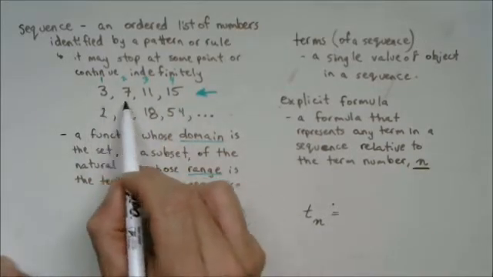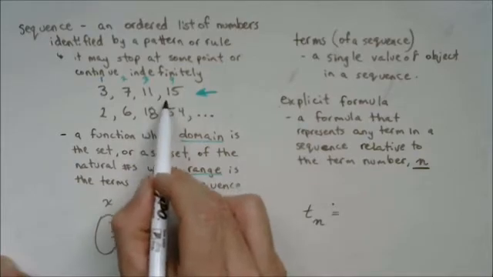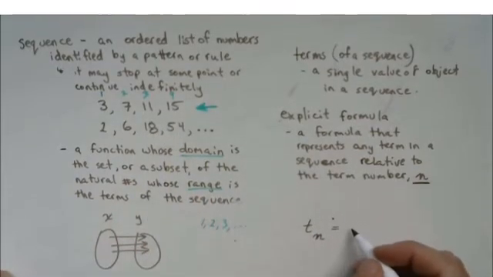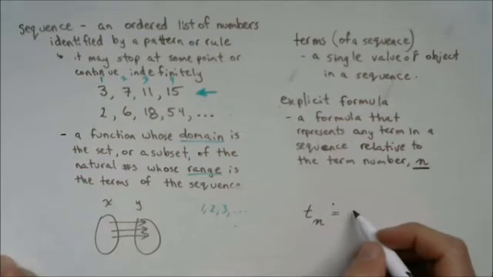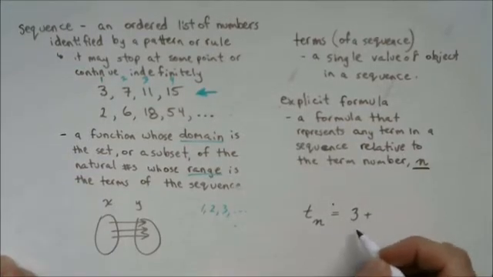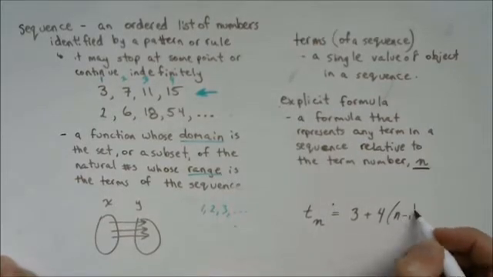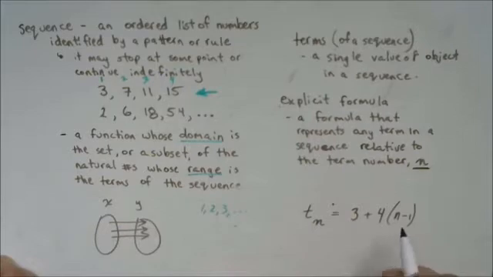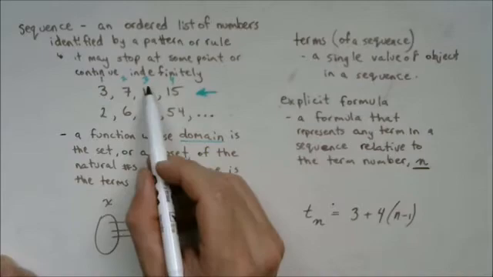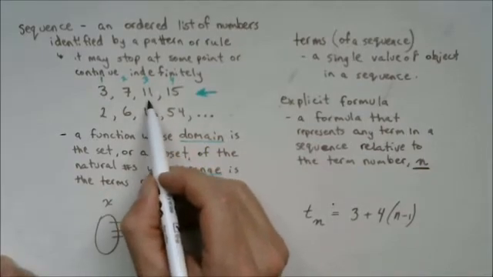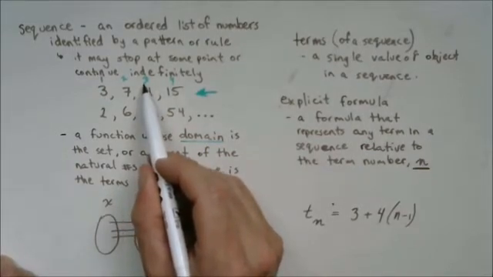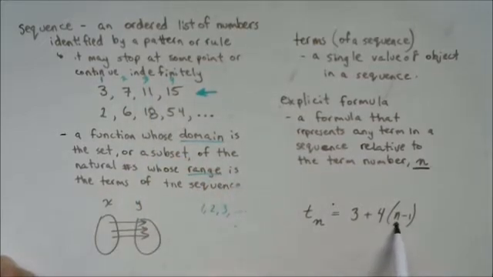So let's just take this guy for a second. Let's say we're in this top sequence here, and in order to find any term, we simply have 3, which is our starting value, plus 4 times n minus 1. What does that mean? Well, n is the term number. So if I wanted to find the third term, which we already know has a value of 11, I would simply put a 3 in here, subtract 1, 3 minus 1 is 2, times 4, that's 8, plus 3, 11.